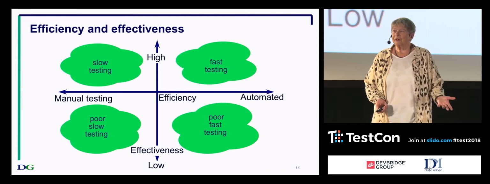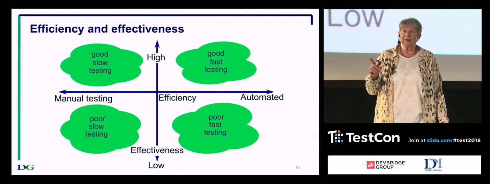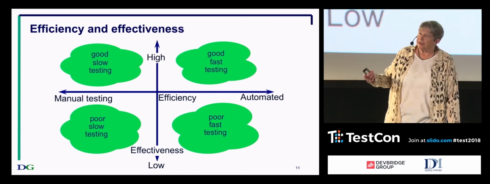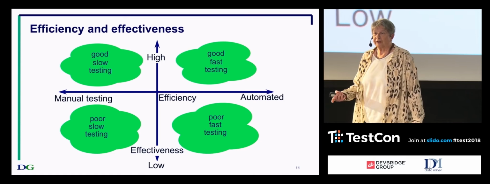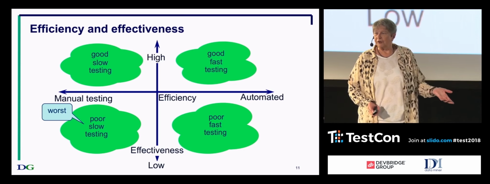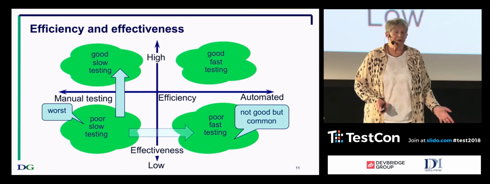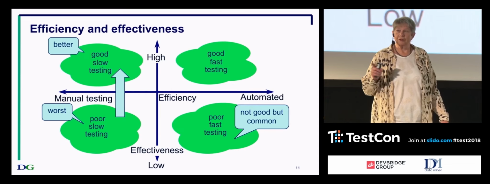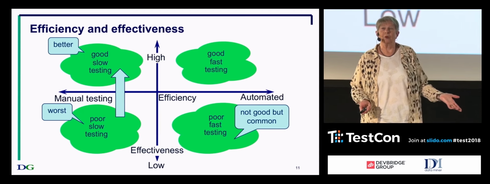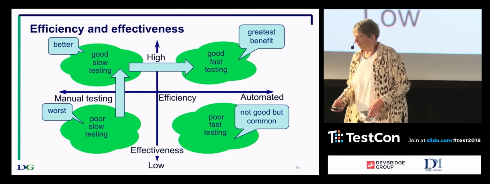What we really want to have is good quality testing, and that's more important. And then we automate those things which are good to automate from the set of good tests. So most people start off here and end up going here, but that's not a good place to be. You're much better off improving your testing rather than automating what you have and then automating what's suitable from that.